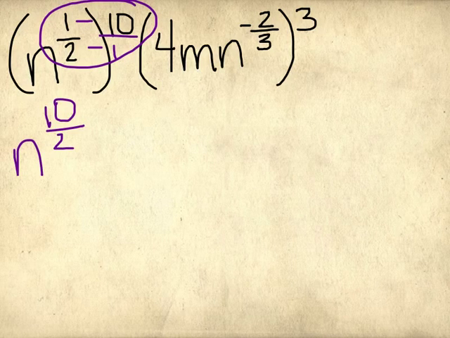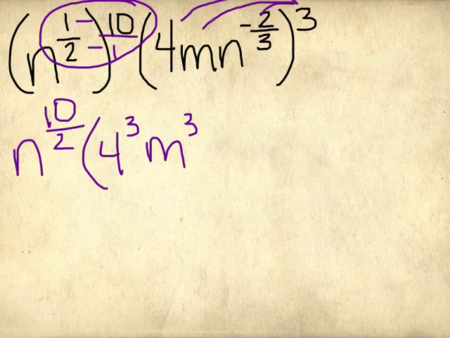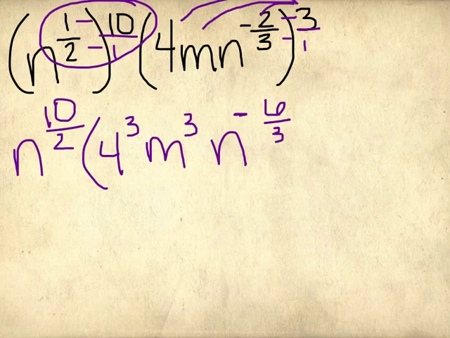Then we want to take this exponent and bring it to each of the things inside the parenthesis. So 4 to the 3rd, m to the 3rd, and n to the negative, we have to multiply our exponents, 6 over 3.